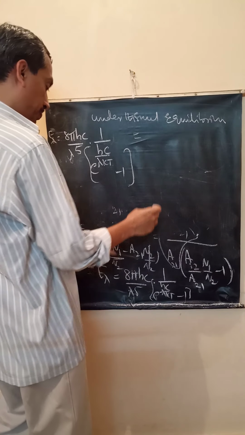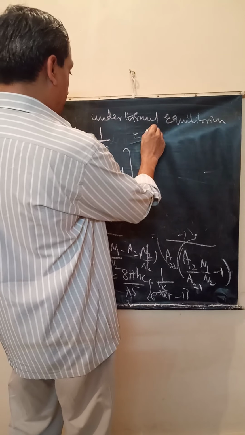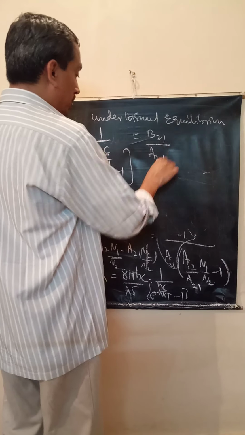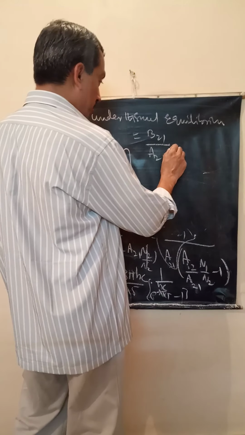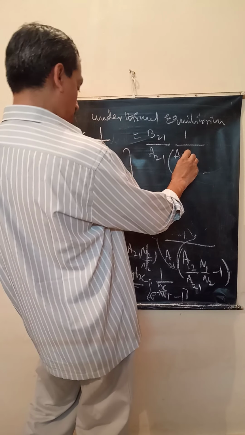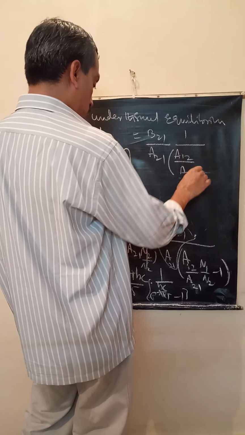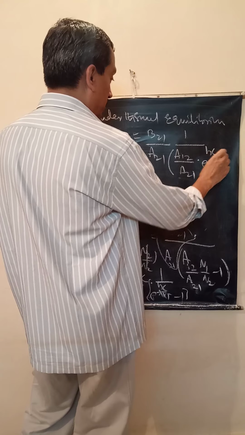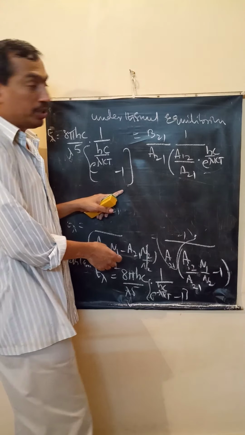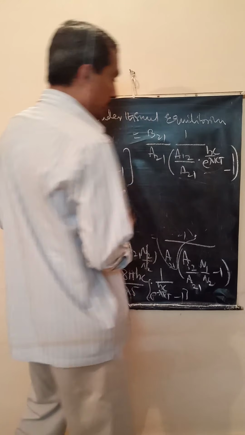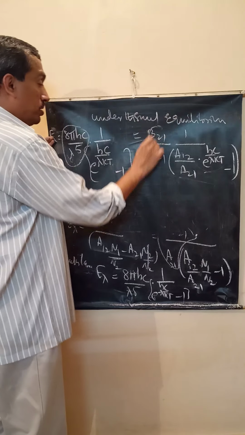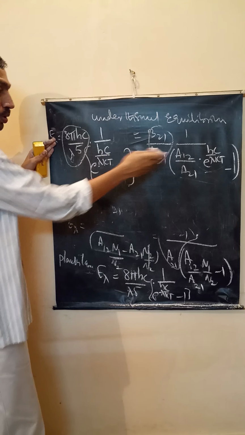This is equal to B21, the Einstein coefficient of spontaneous emission, by A21, the Einstein coefficient of stimulated emission, into 1 by ((A12 by A21) into e power hc by lambda kT, N1 by N2 according to the Maxwell-Boltzmann law, minus 1), correct? Now look at these two terms, they look so similar, right? So this term should be equal to this, because these two expressions are similar.